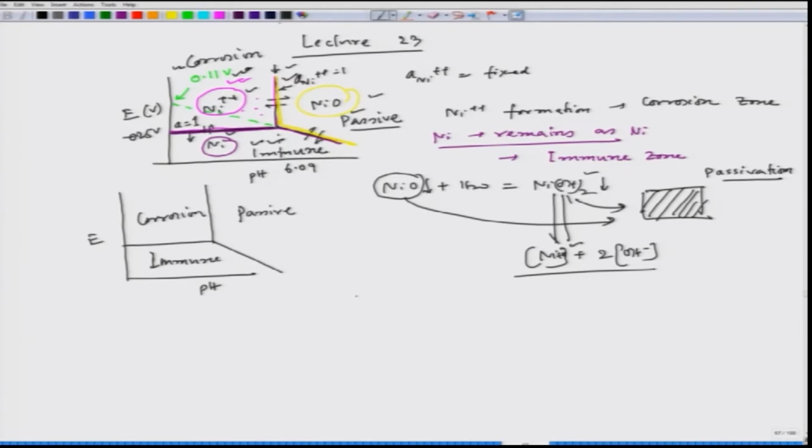So, that time we have to take 2 more equations. That time we will not consider NiO formation. Ni plus 2H2O equal to Ni(OH)2 plus 2H plus 2e, one reaction.